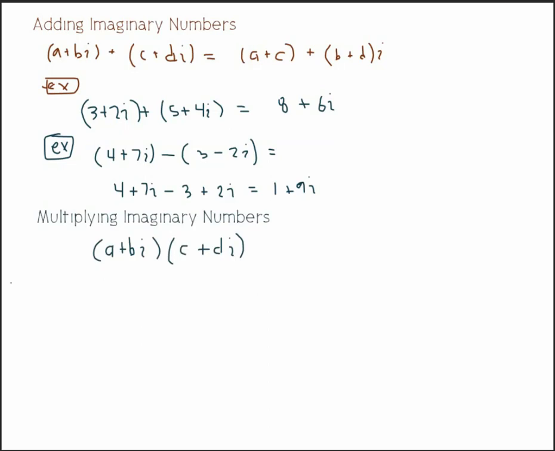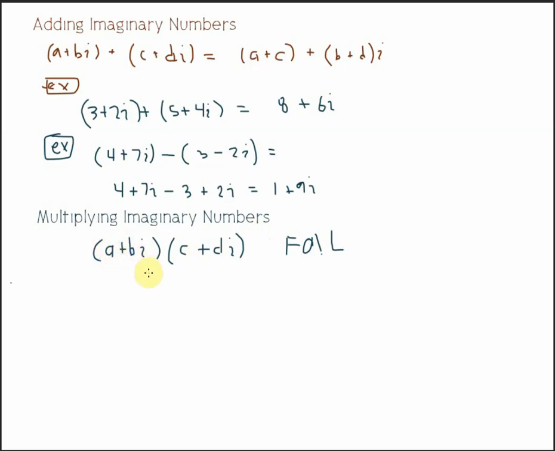Okay, so now let's talk about multiplying imaginary numbers. If you have an imaginary number a plus bi and you're multiplying it by c plus di, you have to FOIL. We've talked about this with quadratics and even first degree polynomials. You can't just multiply the a and c and the b and d, because the addition sign connects them.